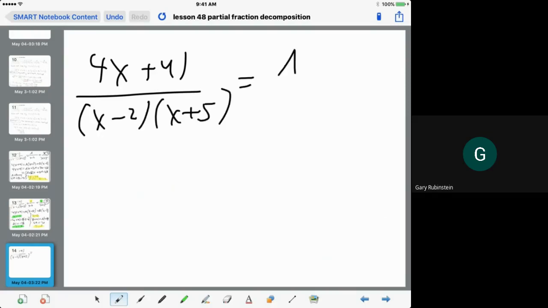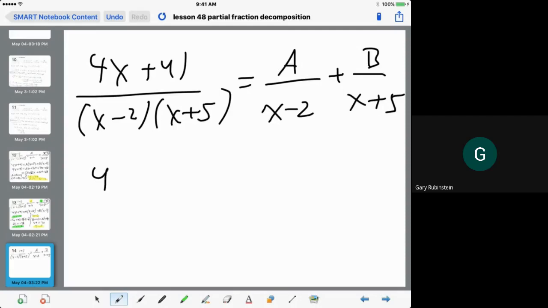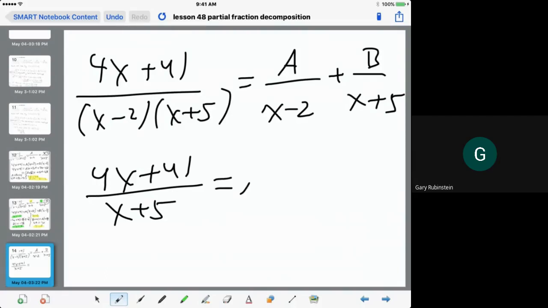Let's just take a look. So Willis says, what if instead I just multiply both sides by x minus 2? Then the left side becomes 4x plus 41 over x plus 5, and the right side becomes a plus b(x minus 2) over x plus 5.